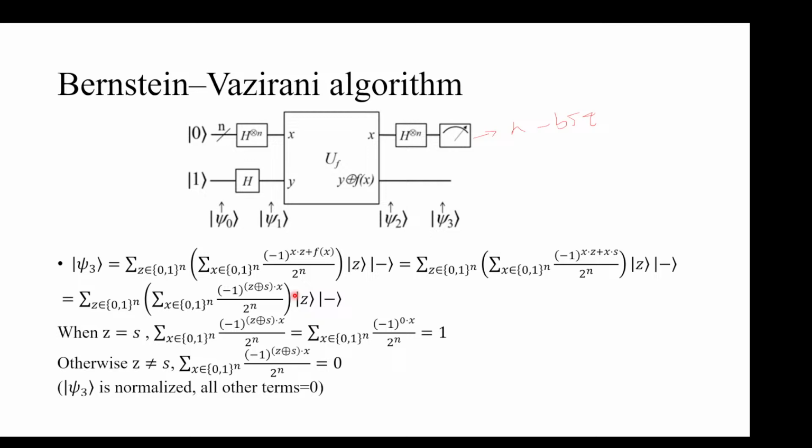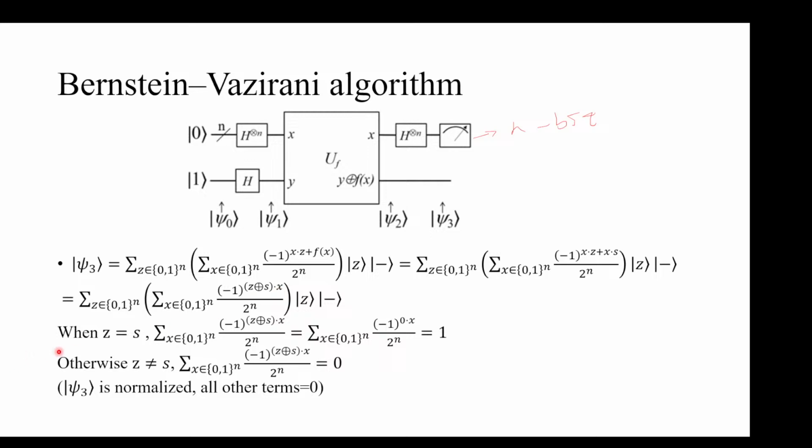It doesn't really matter, but I have the circled plus here; you can also have a regular plus here. So z plus s inner product with x. That's the calculation we have.